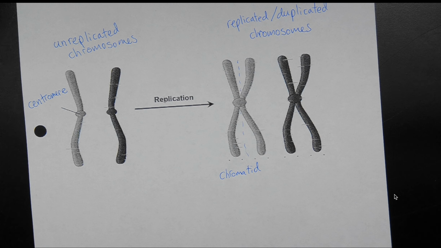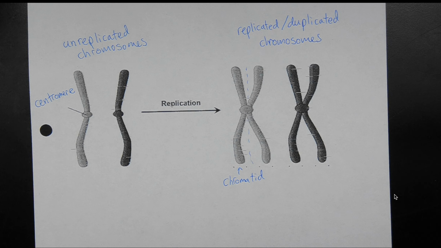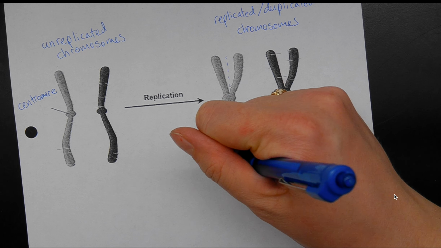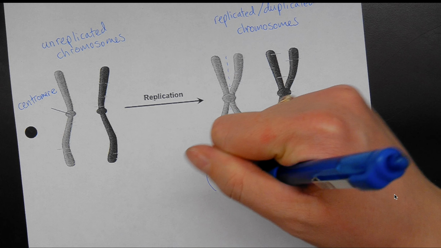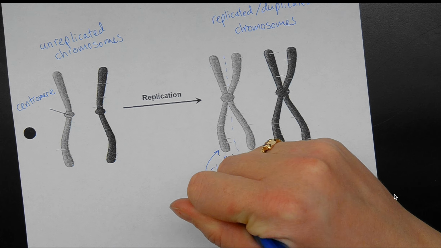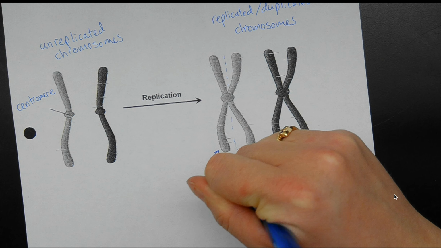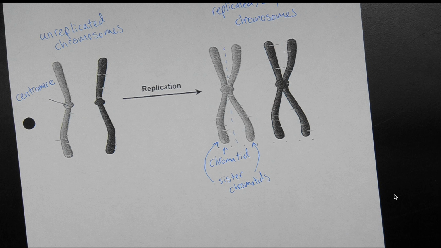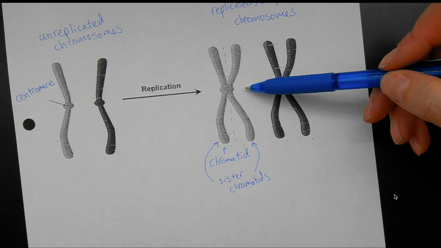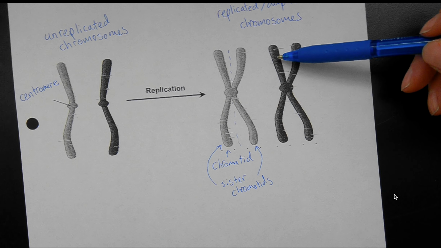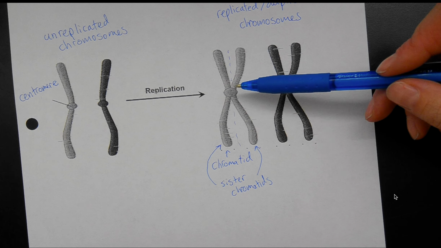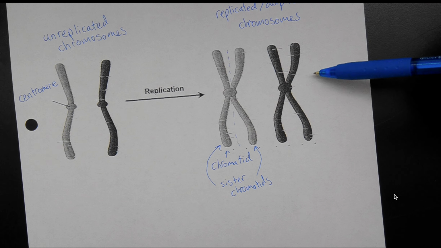Okay, so this half, for example, is a chromatid. And the 2 that match, the 2 that go together, are called sister chromatids. Okay, so this has 2 sister chromatids. This darker colored one has 2 sister chromatids. This is one chromosome. This is another chromosome.